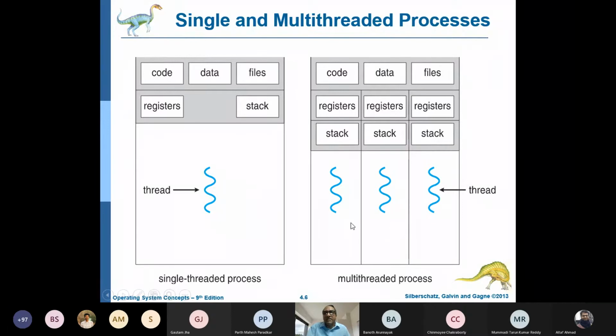That is how a multi-threaded process differs from a single-threaded process. The code, data segment, and files are common.